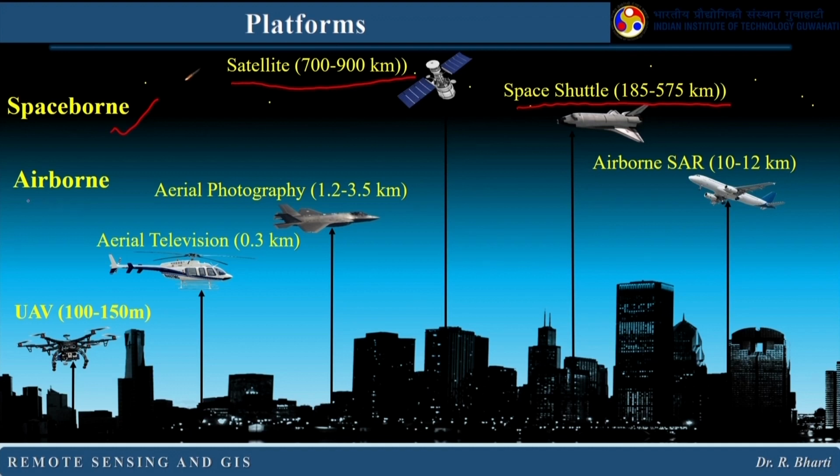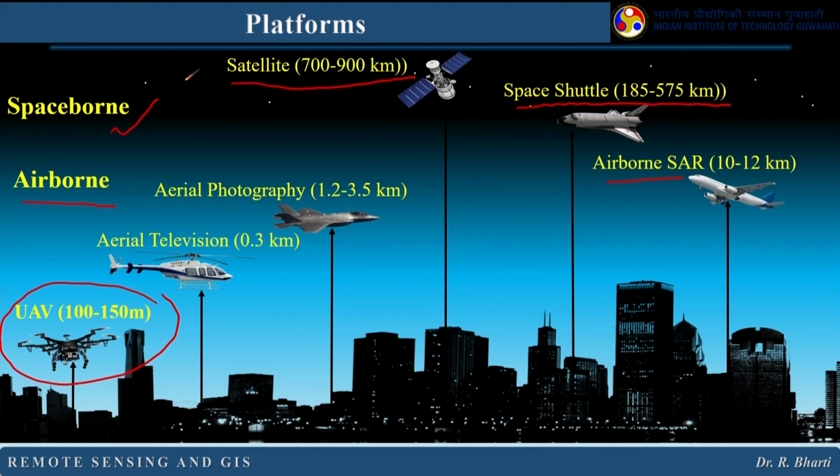In the airborne, basically we use aerial photography or airborne SAR. We use different cameras which are operating in different wavelengths and which we attach to our helicopter or flights or maybe drones. You can see here.